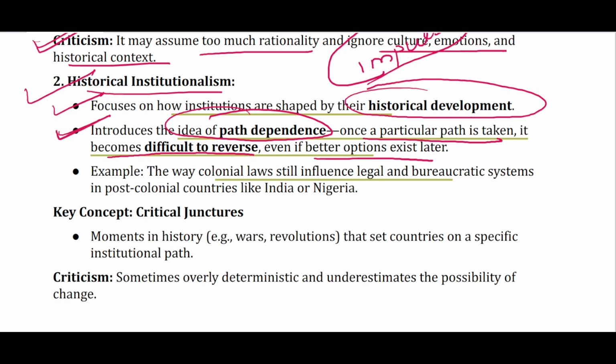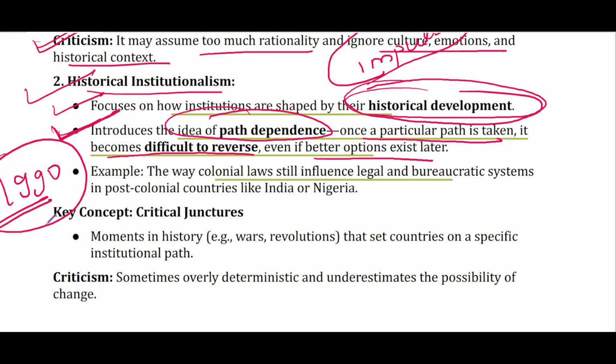So we can say the reservation, like in India too, the reservation system, it is a classical example of historical institutionalism. That during a certain time, during the 1990s, because of Mandal politics, India introduced reservations.